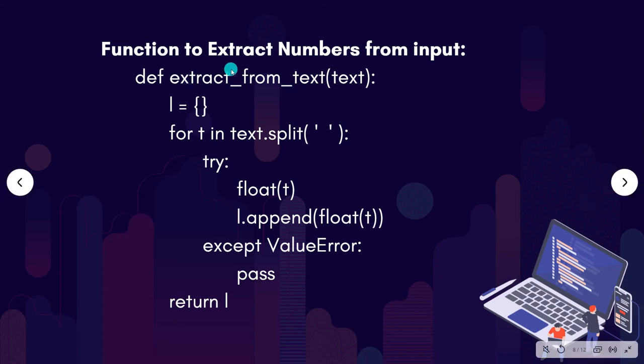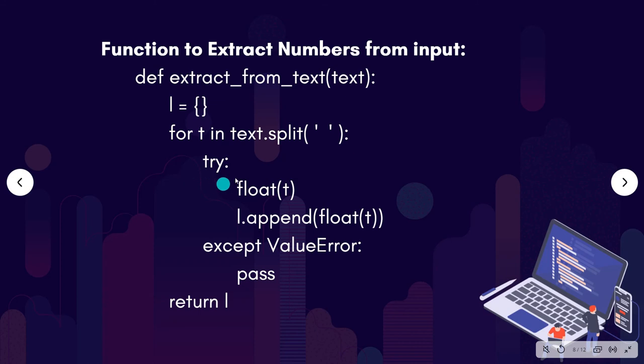So here I'll define extract_from_text, and we will give text to this. Now here I'll take an empty list. Now we will use text.split, so we do for t in text.split, and then we split it using the space. Then from this we will take only numbers, and how will we do that? We will try to convert every text to float, and if that is converted, that means it's a number, otherwise it is text.